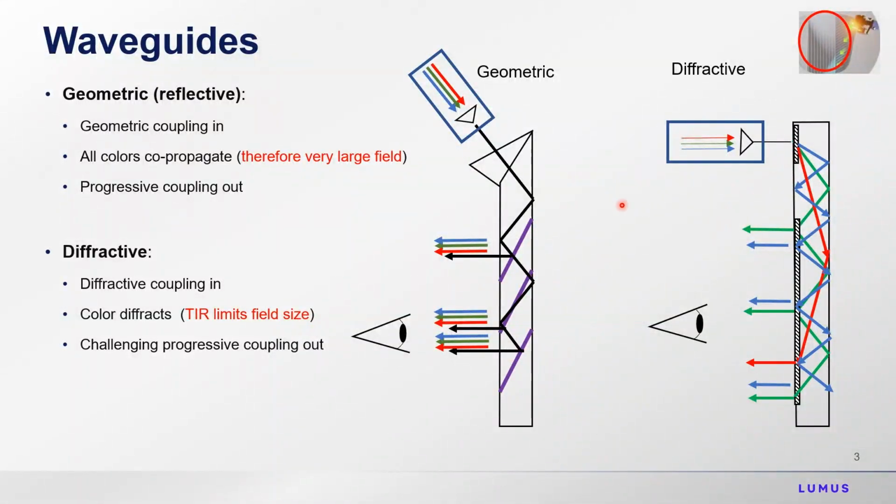The issue here is that because the beams propagate at different angles, they consume much of the dynamic range of total internal reflection. Bottom line, you can inject a much smaller field of view, for example, in this single waveguide. There are various ways to overcome that, but the simplicity of geometric waveguides enables a very large field of view. I'll talk about that in a minute.